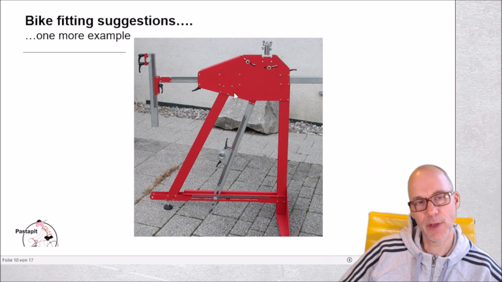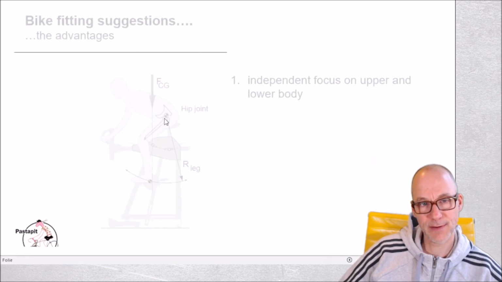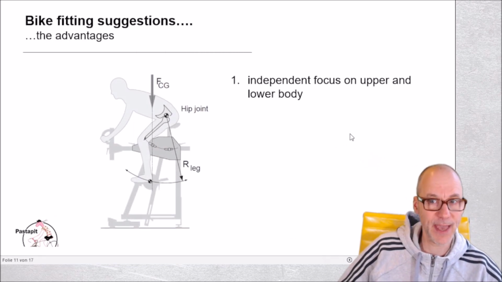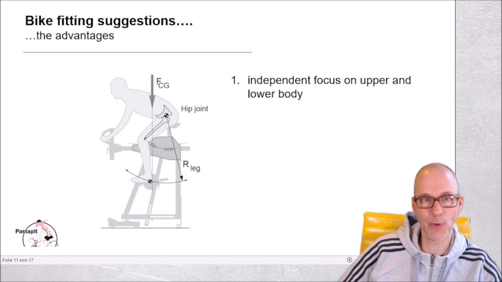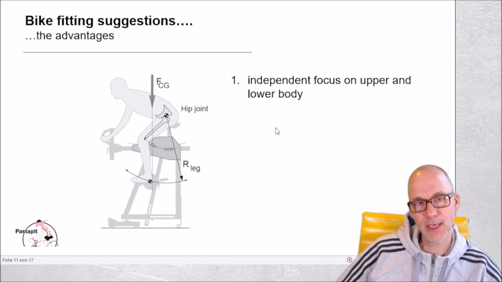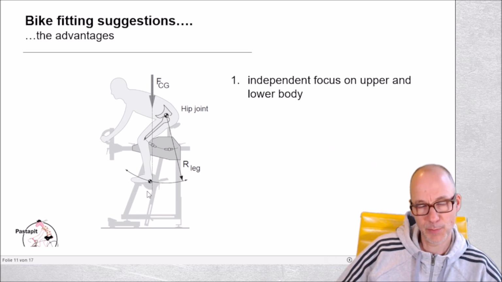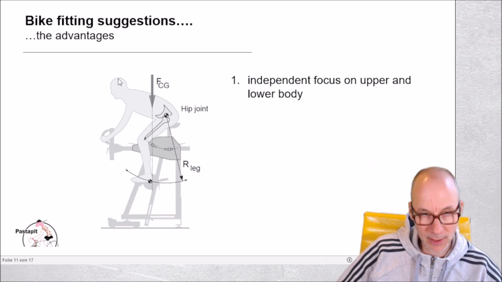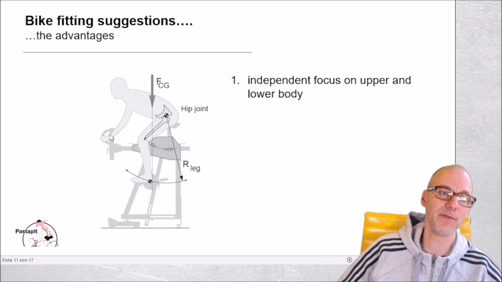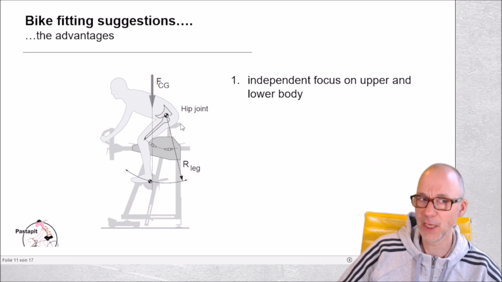So if you would have a jig like this, what are the advantages of a jig like that? You have independent focus on upper and lower body. That's logical, because if I play around with the position of the bottom bracket, I will not influence the upper body, and if I modify the position of the upper body, it will not influence my lever system of the lower body.